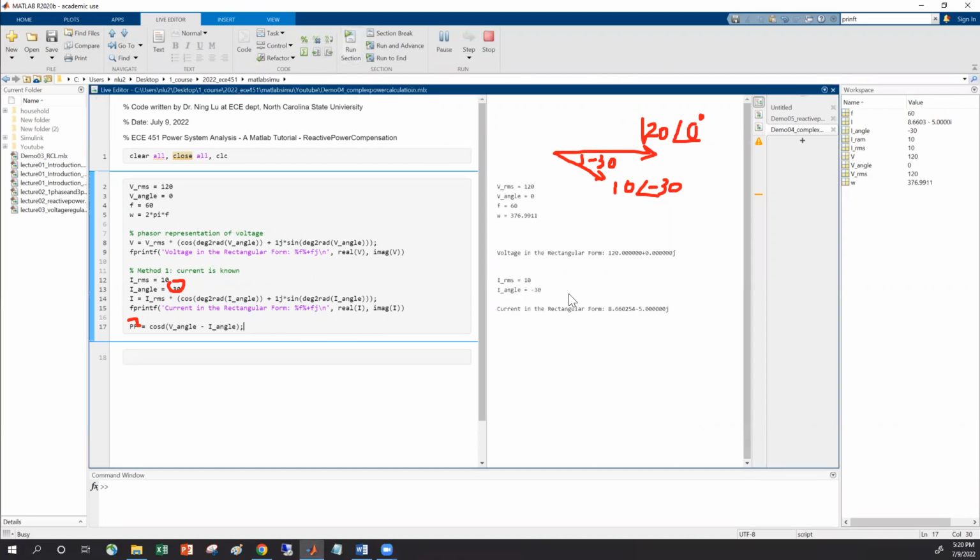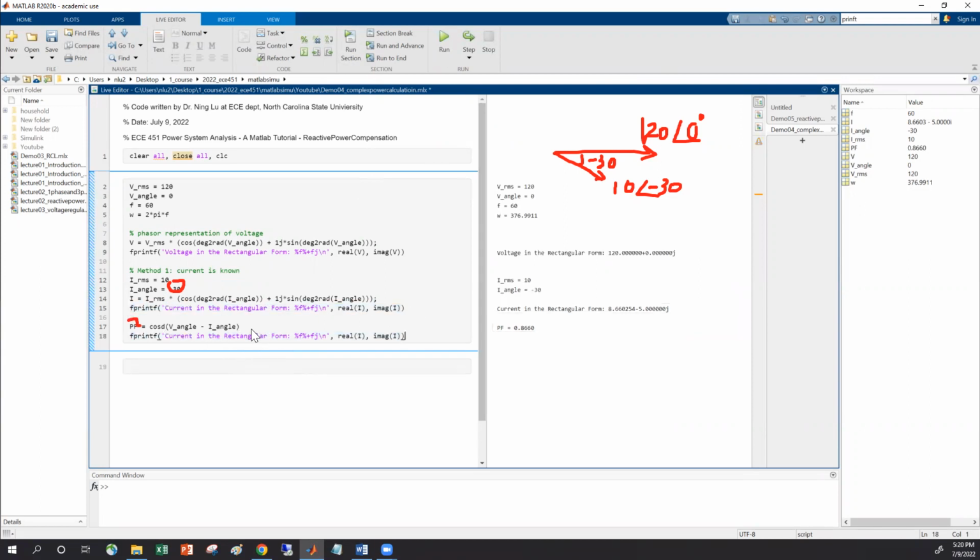So I run it. Oh, I need to show you. Run it. So you can see the power factor is that. If I also want to print this out, I can do the same. Just copy it.